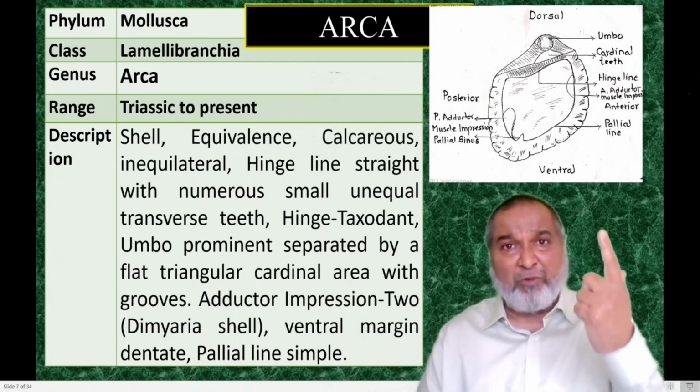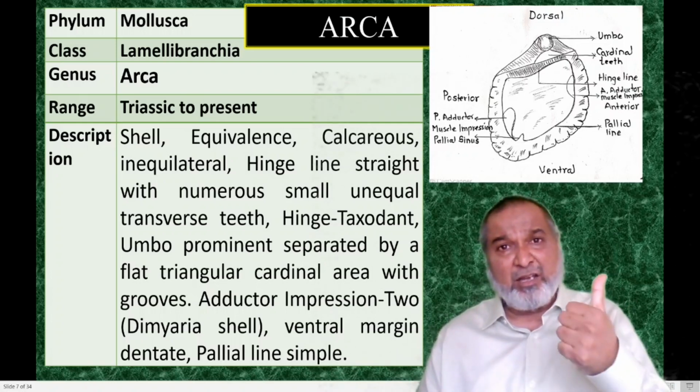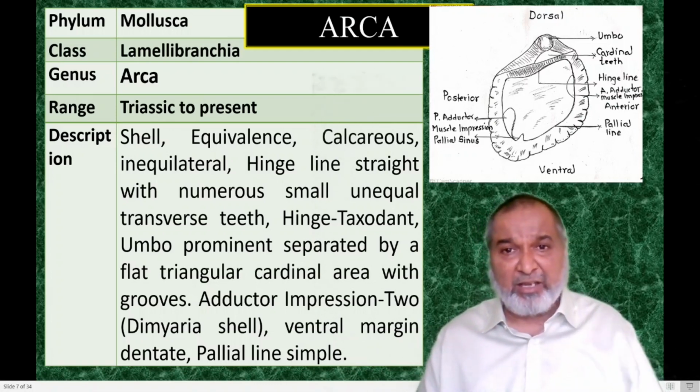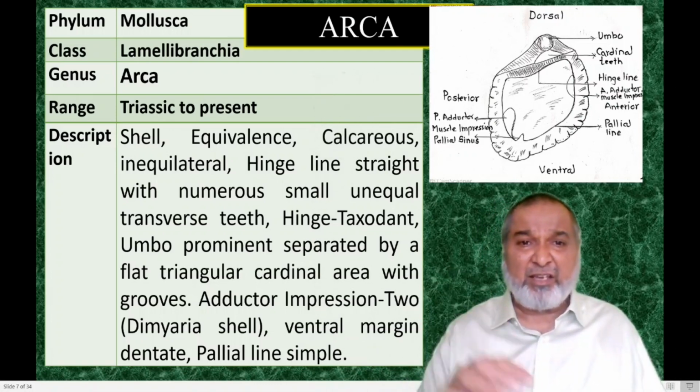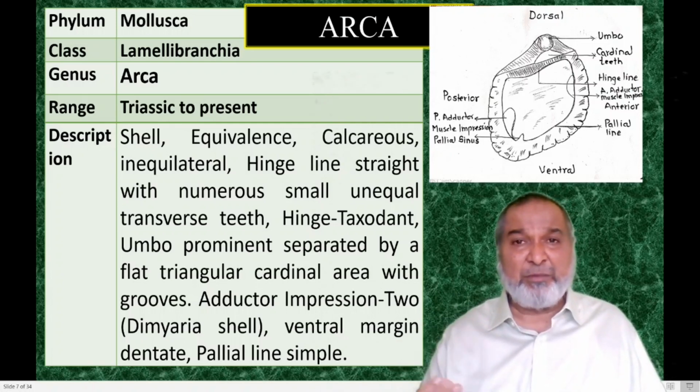And whenever we have one, it is monomyarian. So monomyarian, dimyarian, isomyarian, and heteromyarian: remember, these are the words you have to use for the muscle impressions.